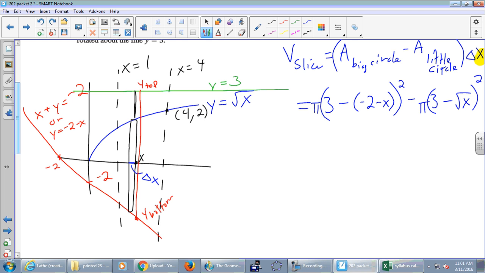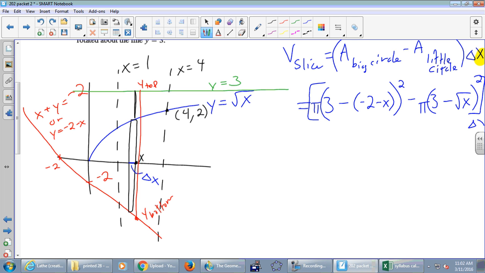So pi r squared there. And then brackets around everything and just see if you can squeeze a delta x, just copying it from before. Okay, so that's the volume of the one slice.